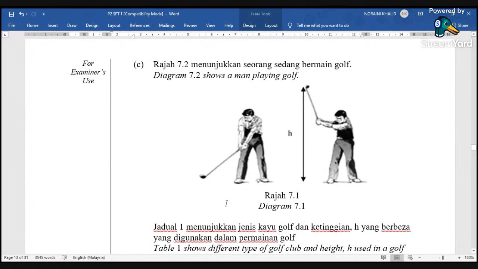Okay, but see, diagram 7.2 shows a man playing golf. Okay, swung the golf club up to height h.